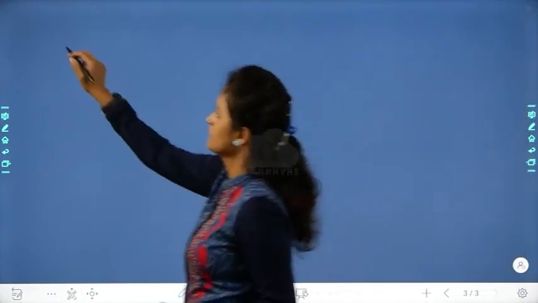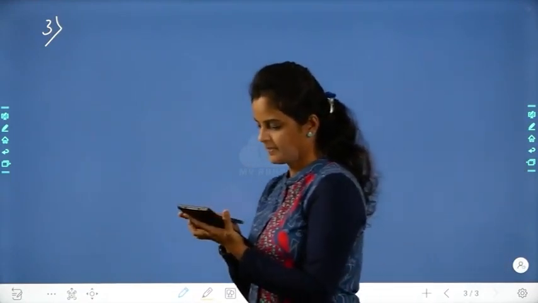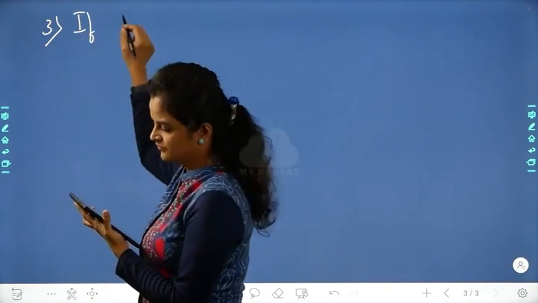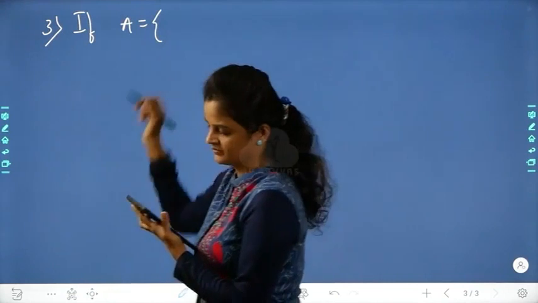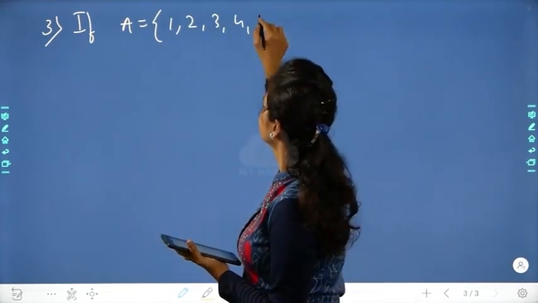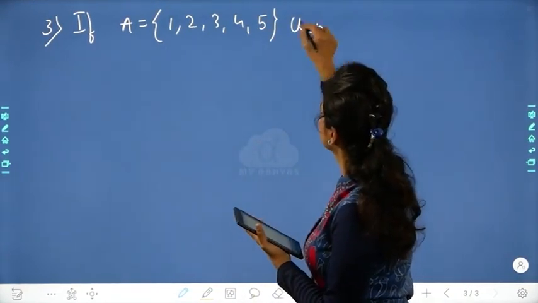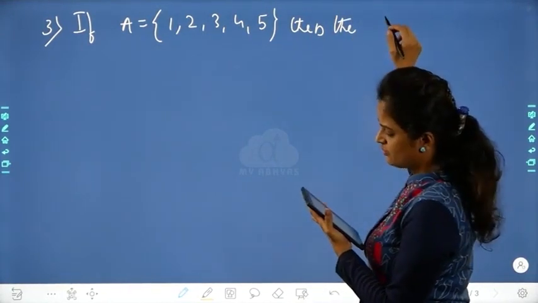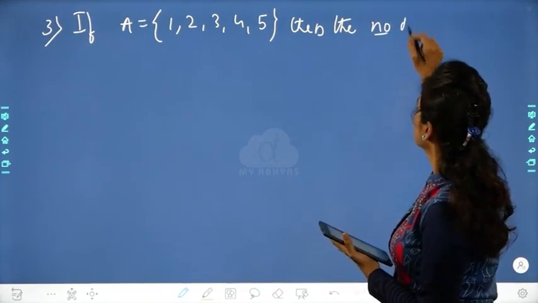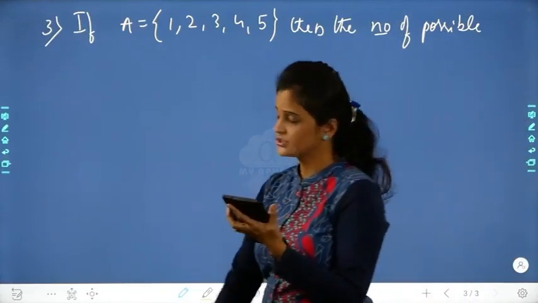Third one. Write the question. If A is equal to 1, 2, 3, 4, 5, then the number of possible one-one functions.